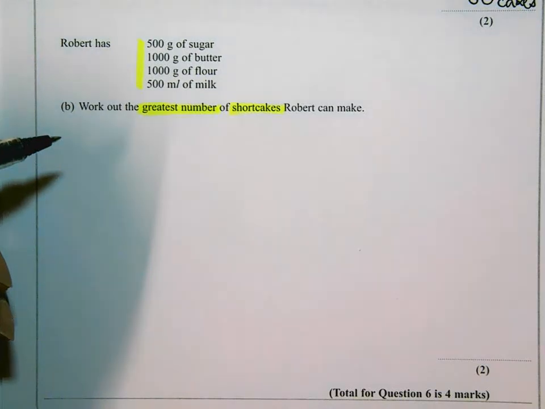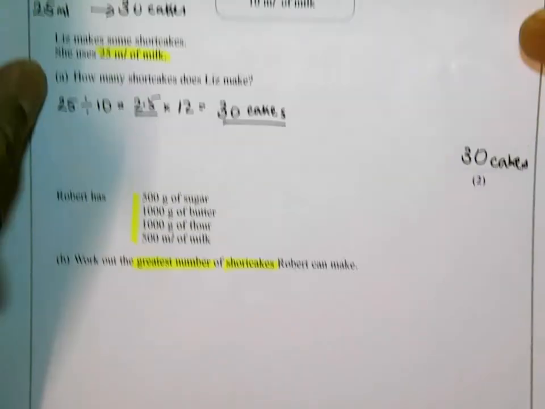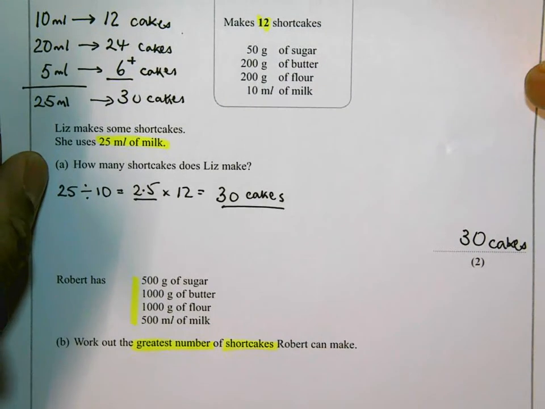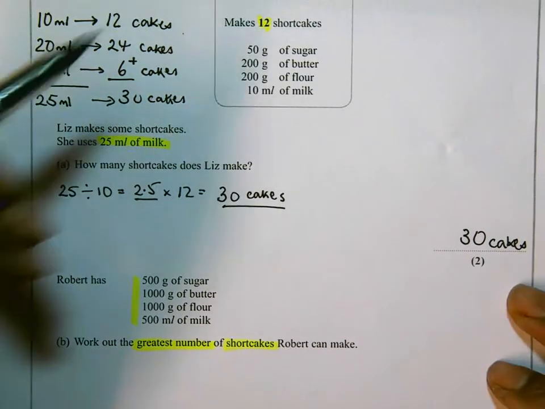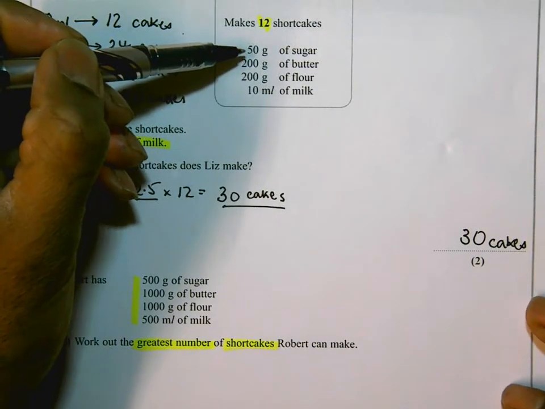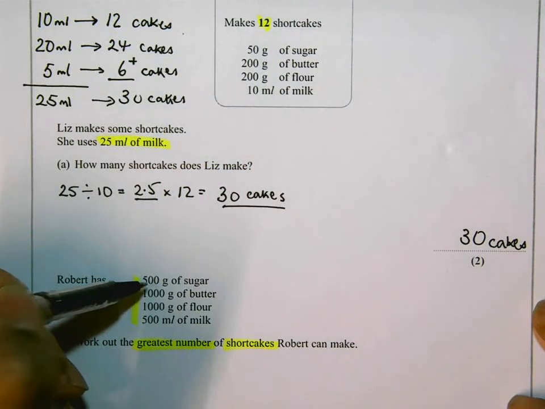Now, you need to look at the previous information to think about how many he could make. If I get the other information down and compare them both, to make 12 shortcakes, you need 50 grams of sugar. Now, how many 50s make 500? 10 50s make 500.